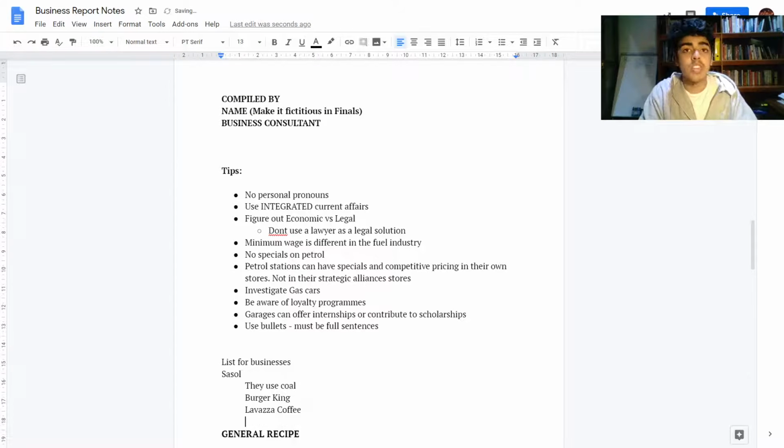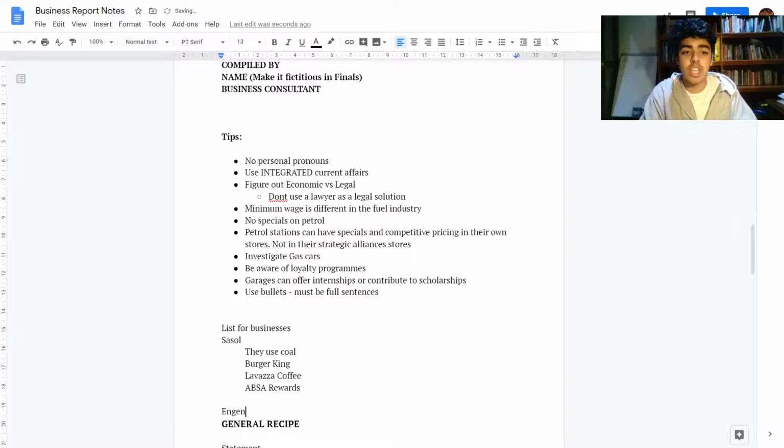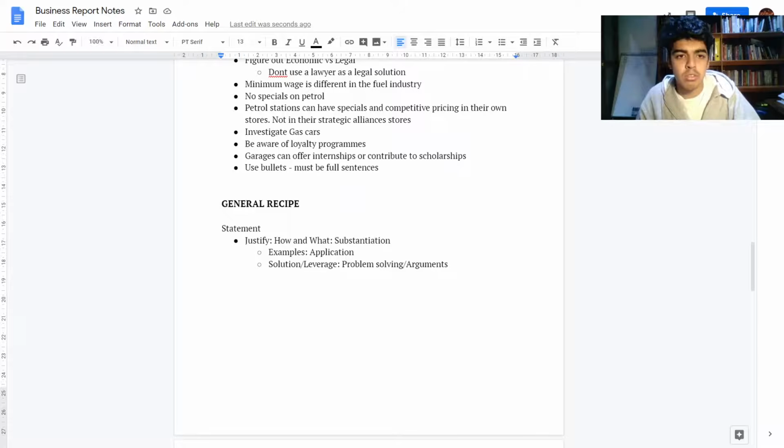And then their loyalty programs, which is ABSA Rewards, I think. And you do that for every single business. So then you go on to the next one, and you just memorize that, or not memorize, but know about two or three things about each business, so that when you get into your report, you can give a lot of business-specific advice.